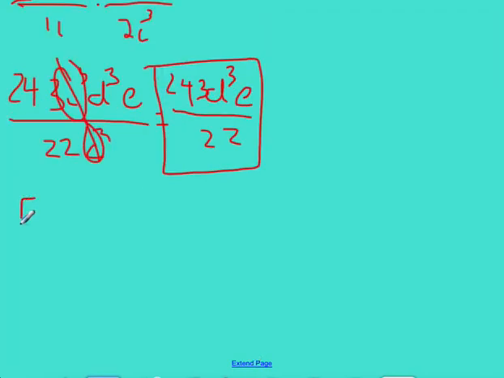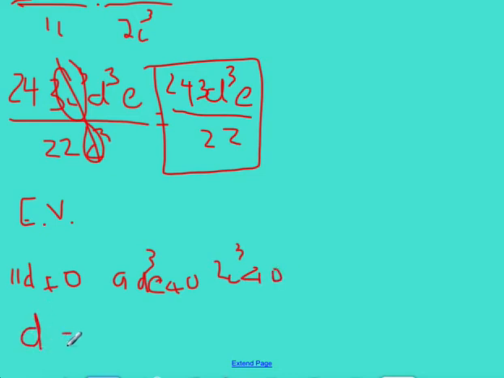Now we need to find our excluded value. So we're going to take our original top, which is 11D, and say, okay, that can't be equal to 0. Take our original bottom of the second fraction, 9D cubed E, cannot equal 0, and our original top of the second fraction, 2C cubed, cannot equal 0. Well, the only way that 11D is going to equal 0 is if D itself is equal to 0.